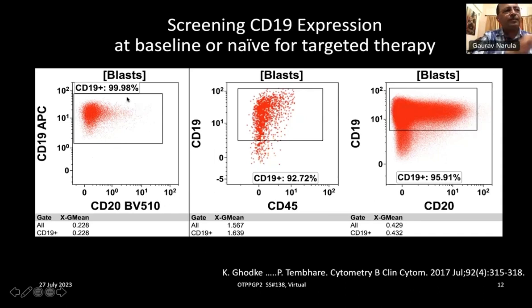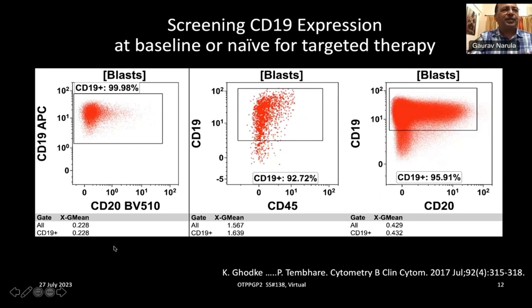But as long as more than 99% of the cells are showing CD19 positivity, we are comfortable. Once 8%, 5%, 6% of the cells are not expressing CD19 at all, these cells are not going to be attacked very well by our CD19 CAR. So this patient may not be eligible.